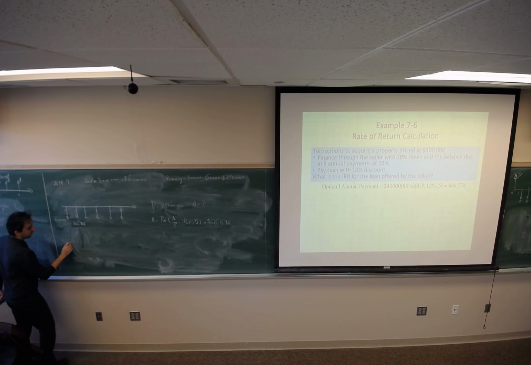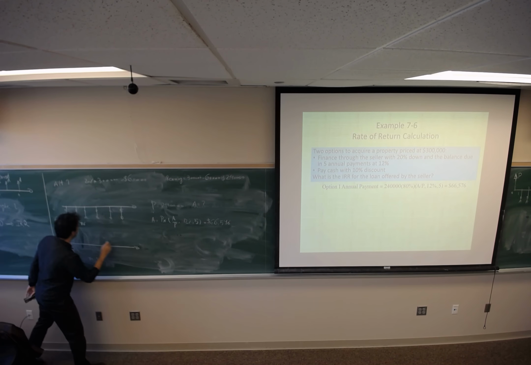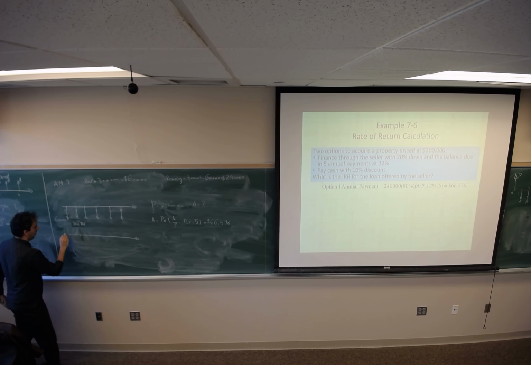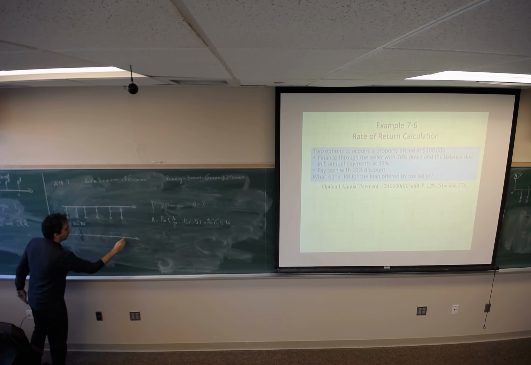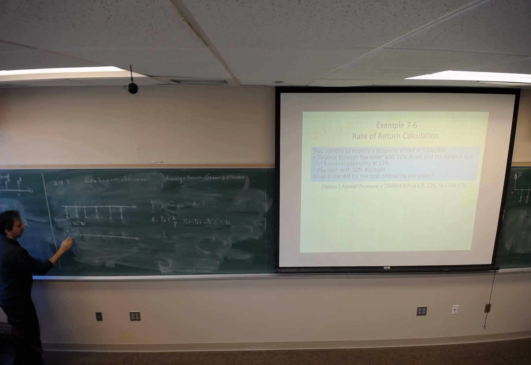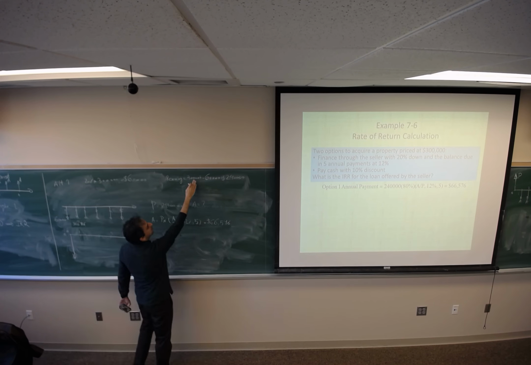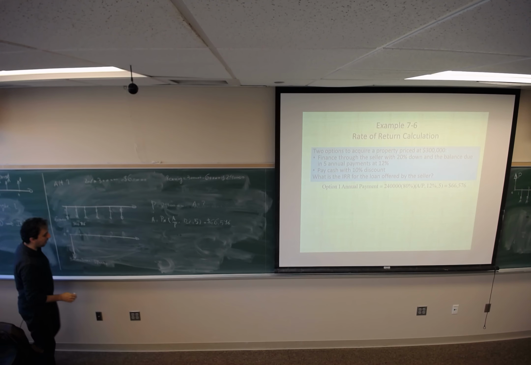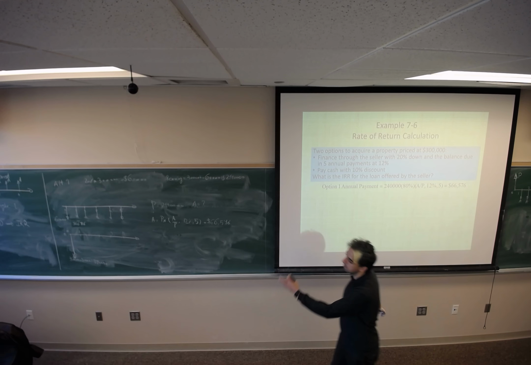So alternative 2, you pay everything at the present time. $300K minus 10%, 300 minus 30,000, it's going to be $270,000. So if you pay $270K at the present time, you get the discount.